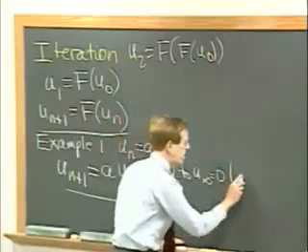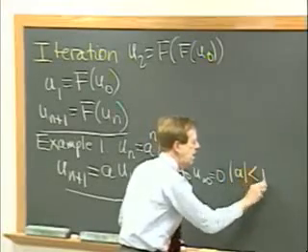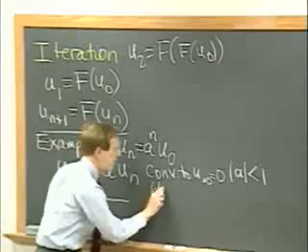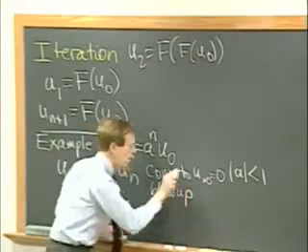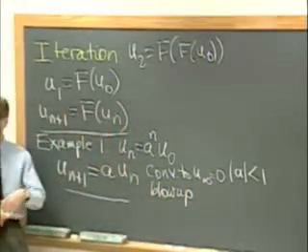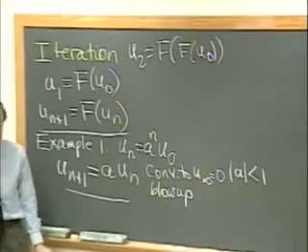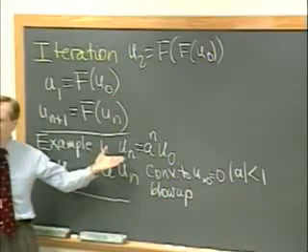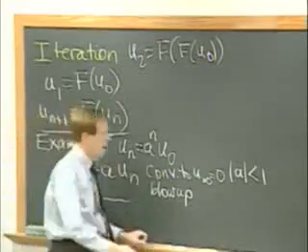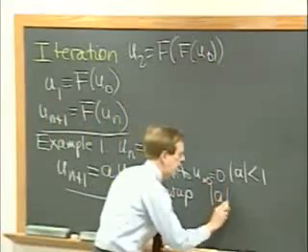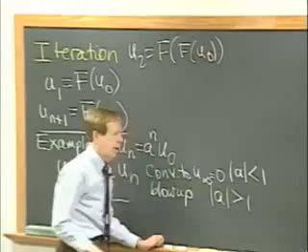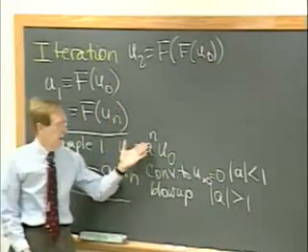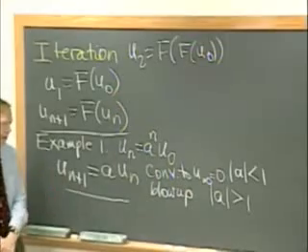And when would it blow up, when will we go off to infinity, if we allow ourselves to use that language? That would happen if the absolute value of a is greater than 1. And notice I'm doing absolute value, because a could be a negative number here, but what I've said would still be true.